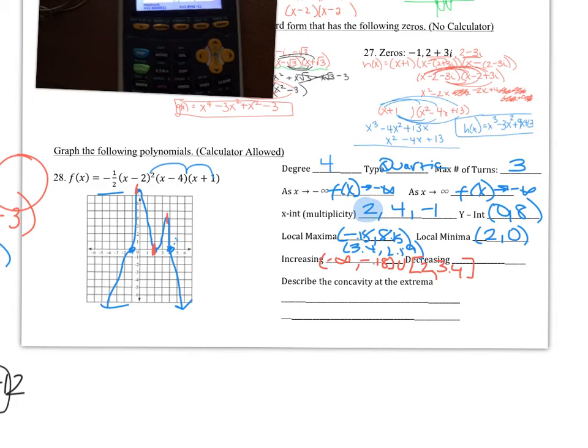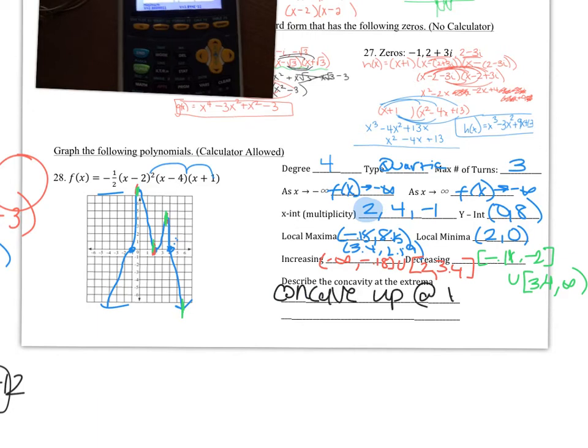And it's decreasing from here to here, so negative 0.18 to negative 2, union, and then it's decreasing from here to here, so 3.4 to infinity.